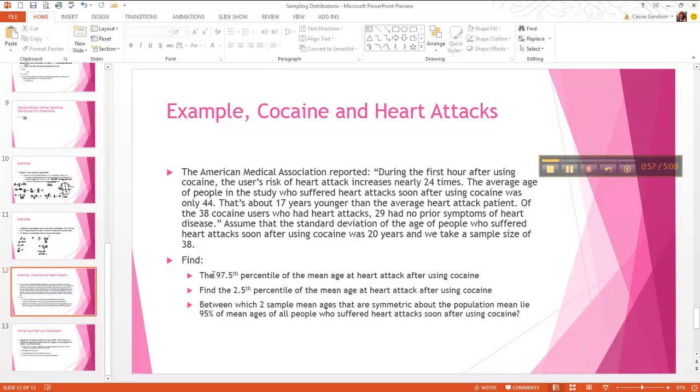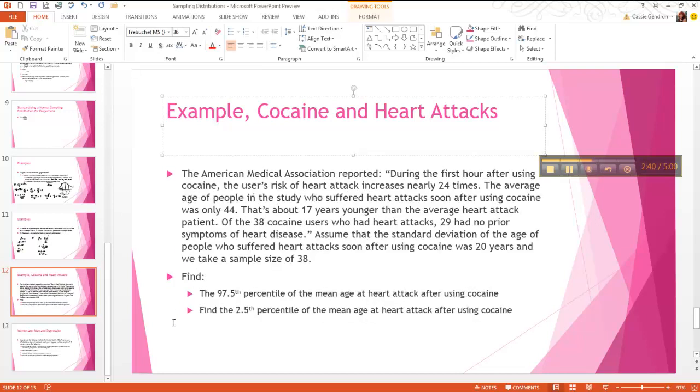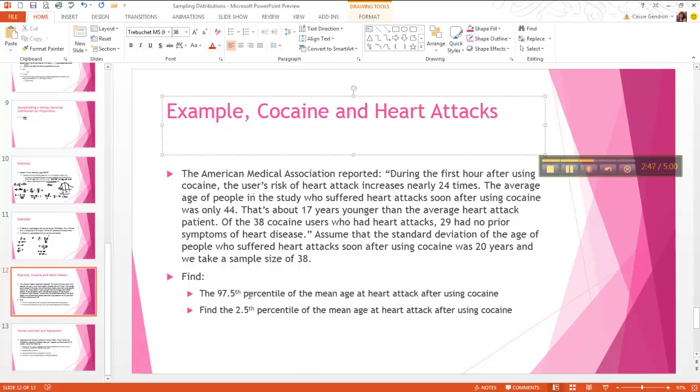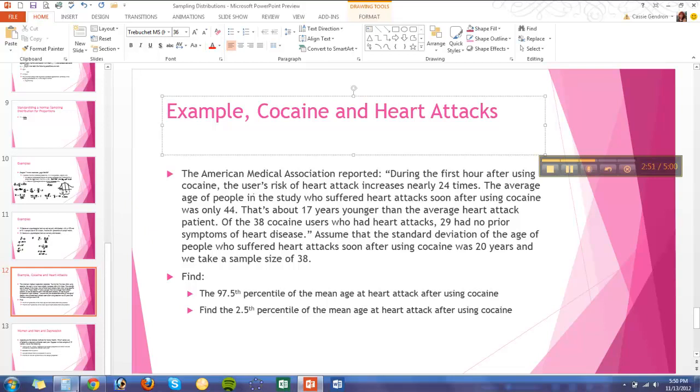So it's asking us to find the 97.5th percentile of the mean age of heart attack after using cocaine, and find the 2.5th percentile of the mean age of a heart attack after using cocaine. From my chart of z-scores, I know that my 97.5th percentile has a z-score of 1.96.